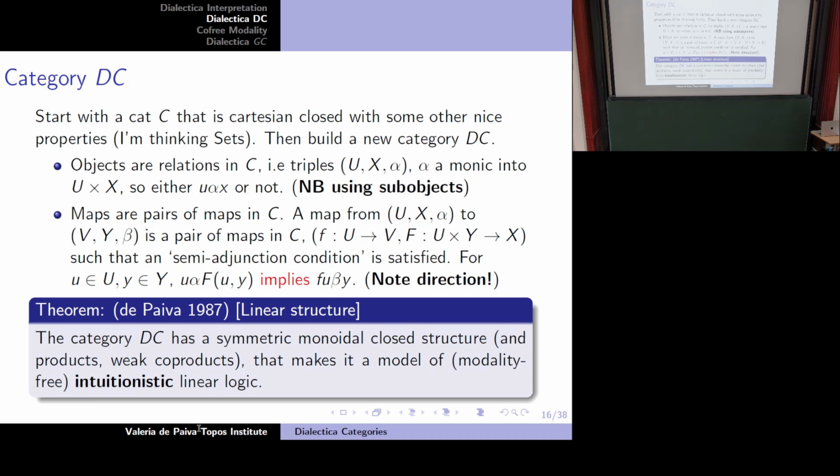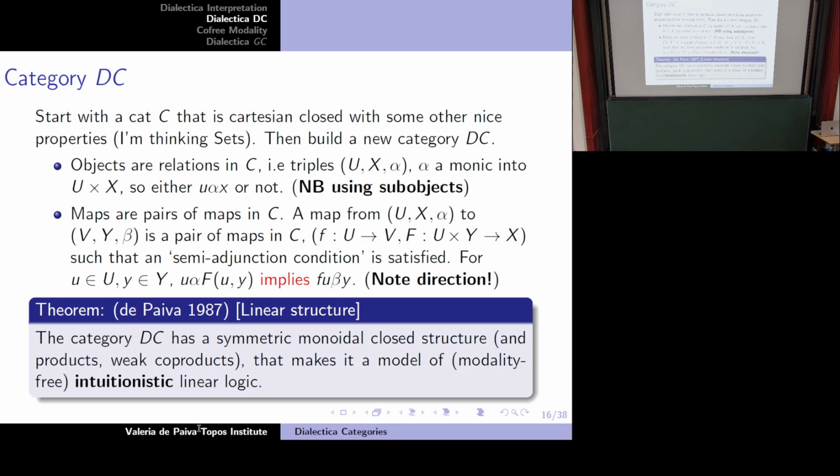And the objects of this new category are relations in C. So they are monics into the product U cross X. And you can call them triples because you probably want to remember what was the domain of your relation and what was the codomain of your relation. And so a relation, if you're thinking in sets, just means that either U alpha X or it does not.